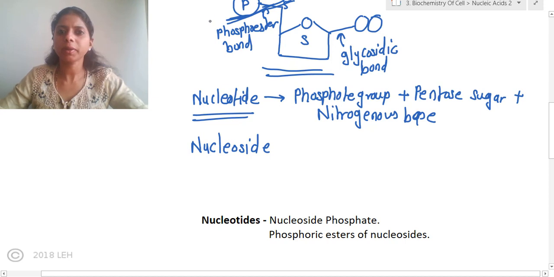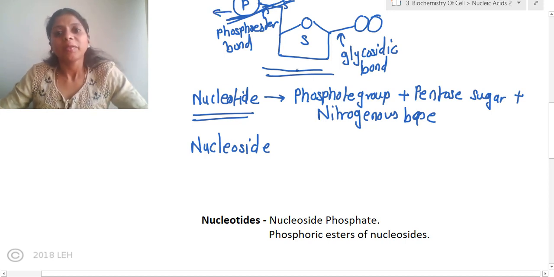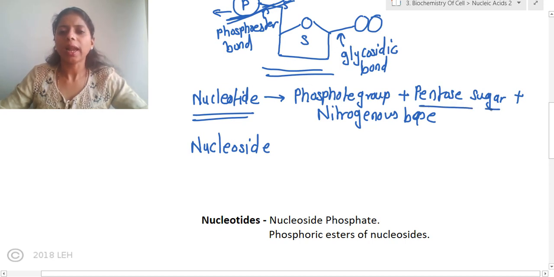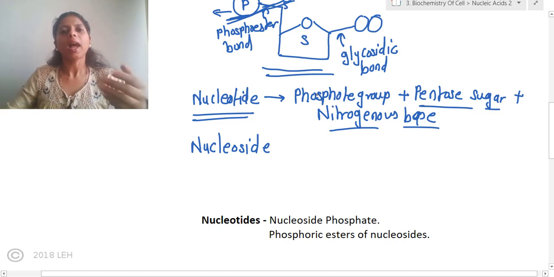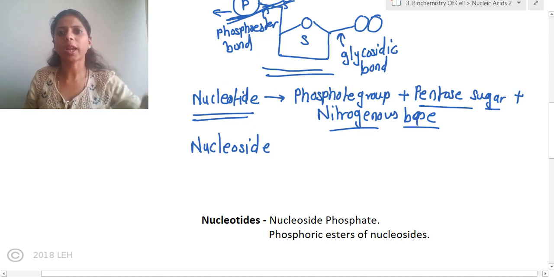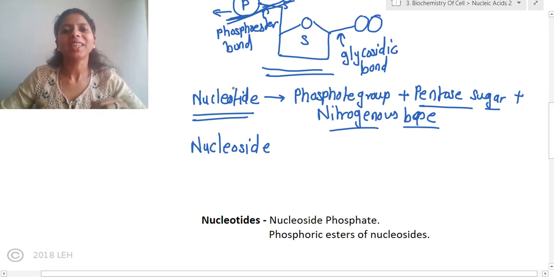Suppose I broke this bond and removed this phosphate group. Remaining will be only two components. Which are those? Pentose sugar and nitrogenous base. So when I remove the phosphate group from a nucleotide, the remaining portion is nothing but the nucleoside.